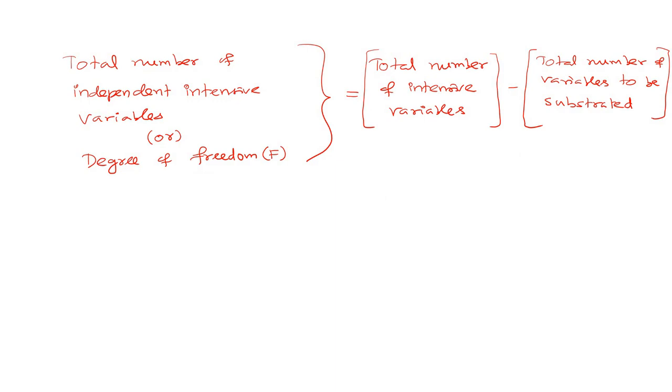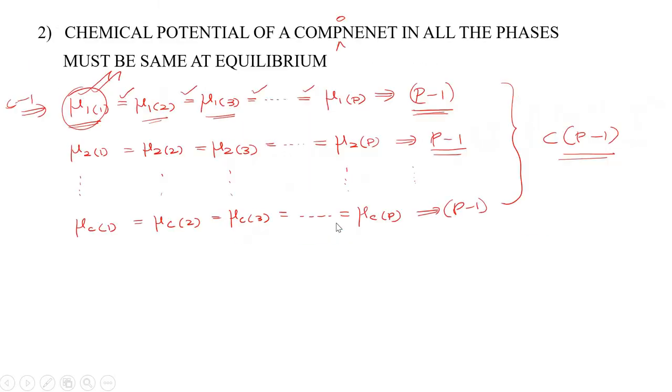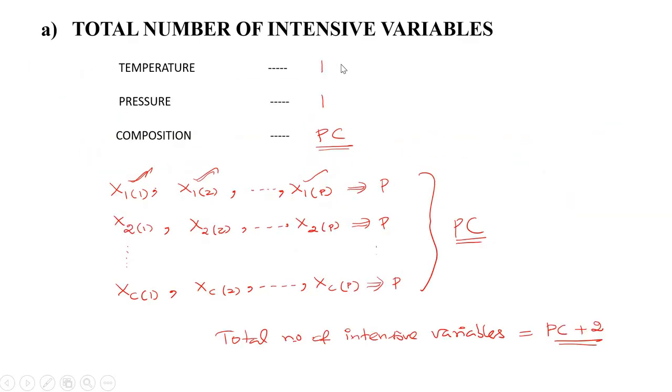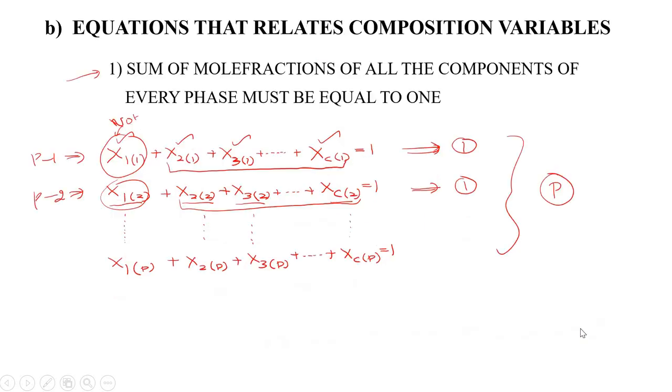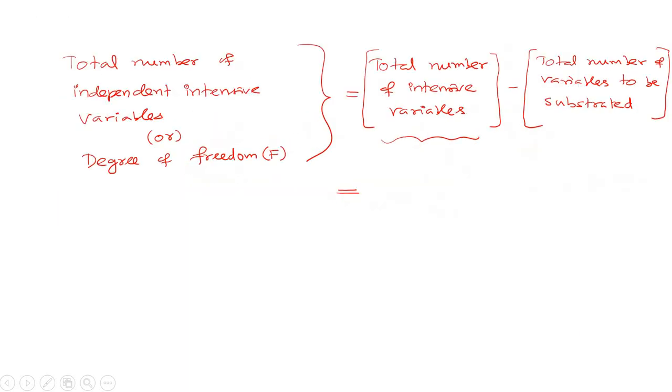Now, how to find the total independent intensive variables, also called degrees of freedom? Degrees of freedom is equal to the total number of intensive variables available. On the first page I derived this: the total number of intensive variables available is PC plus 2.